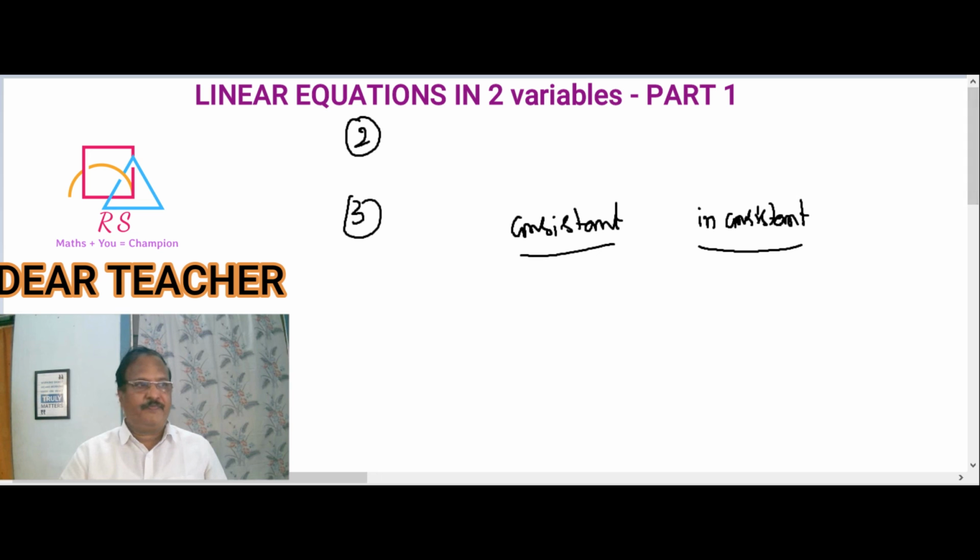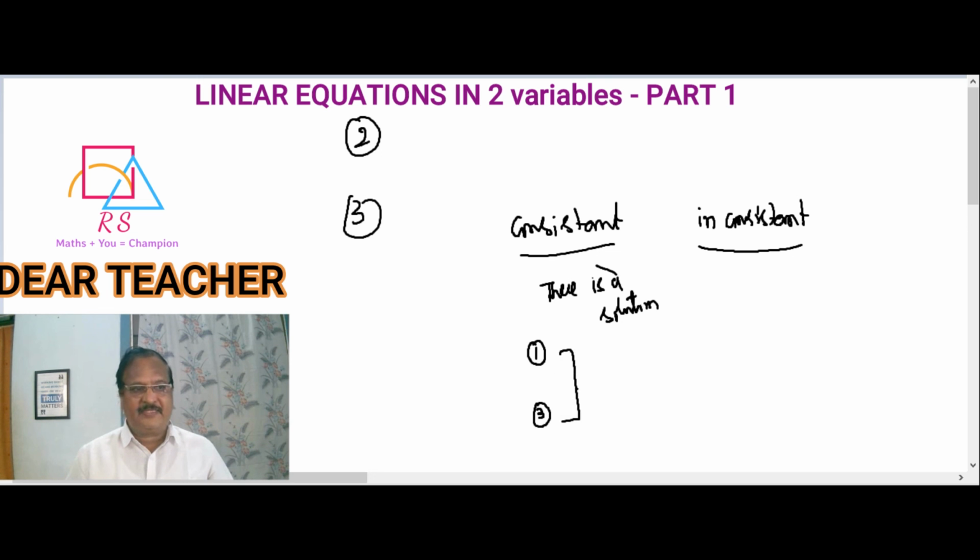Okay. So consistent means there is a solution. If there is a solution, then the system is consistent. So don't think that the equations may be consistent in only the first and third cases, that means coincident and intersecting.